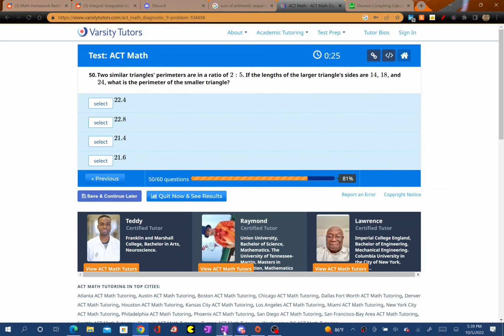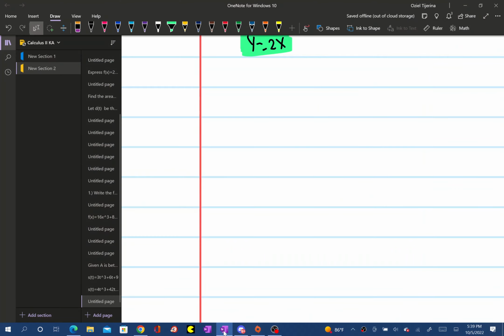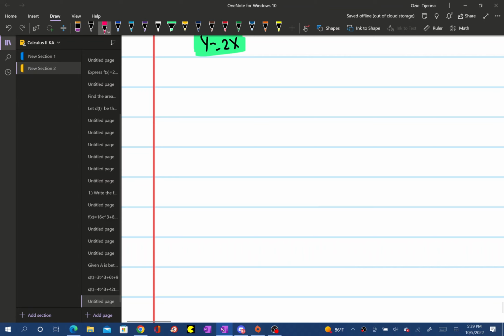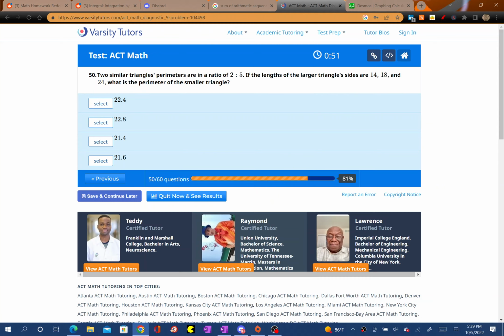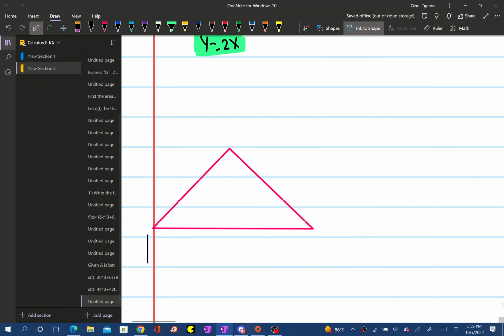They don't say if they're right triangles or isosceles or scalene. They don't say anything like that, so I'm gonna assume that we are not dealing with a right triangle here. We are dealing with either an isosceles, or actually, wait. We're dealing with a scalene.